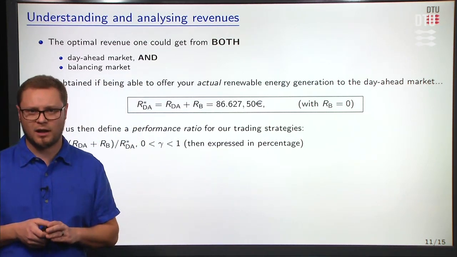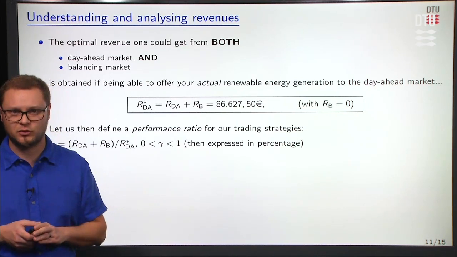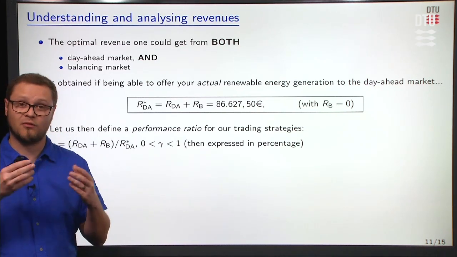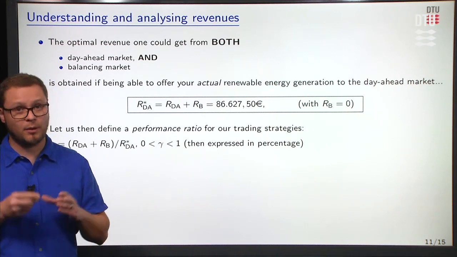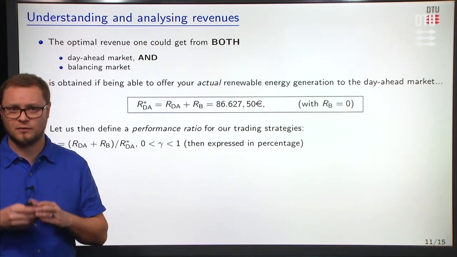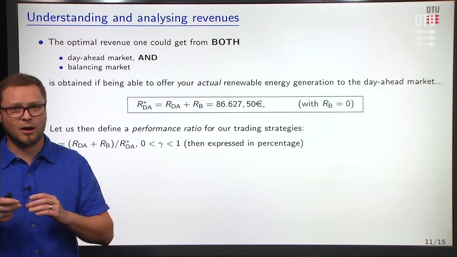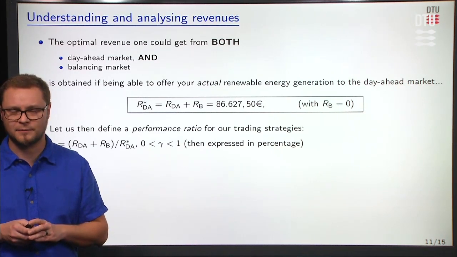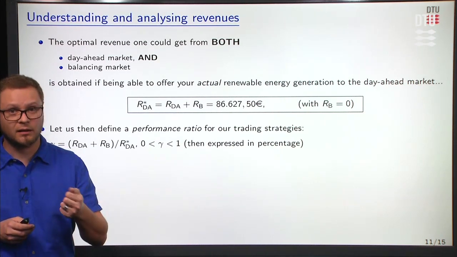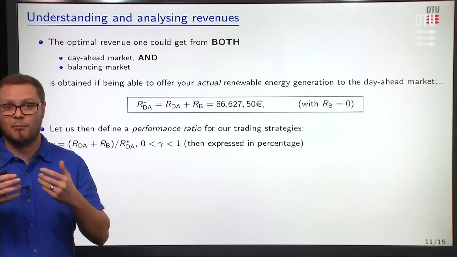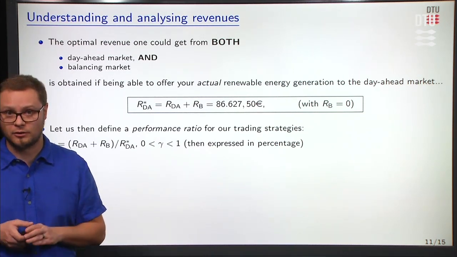One of the benchmark ideas for participation in the electricity market is the case where we have perfect information. Remember, we go in the market with a forecast for wind power generation. Here it could be solar power generation if having a solar power asset. And then we are paying or we are losing money based on forecast errors.